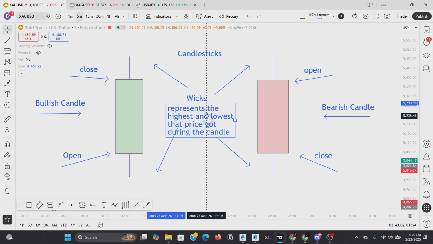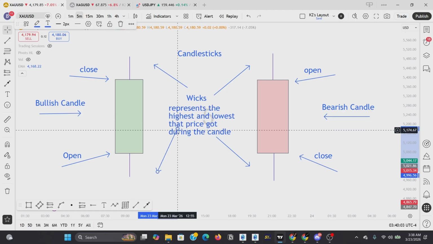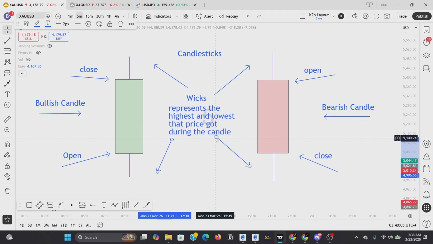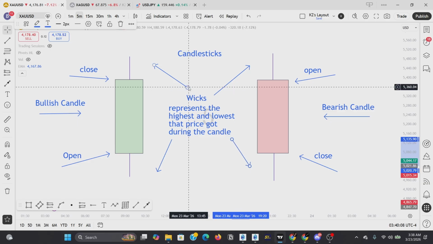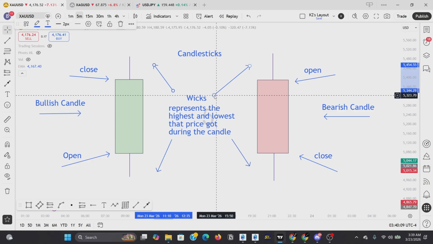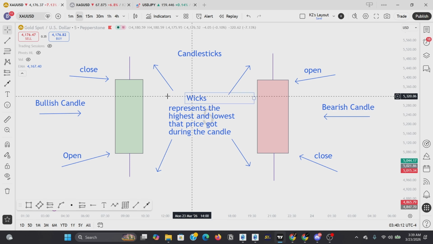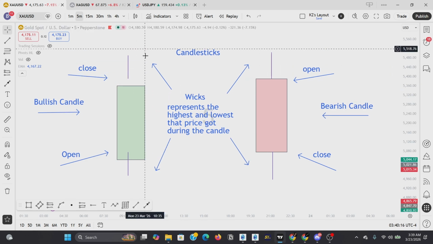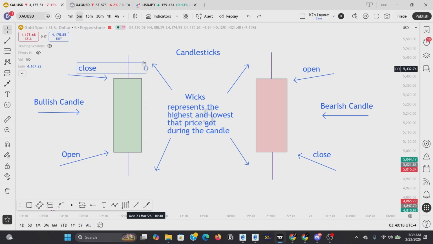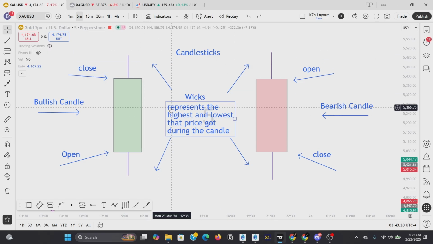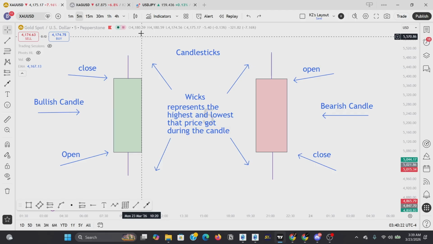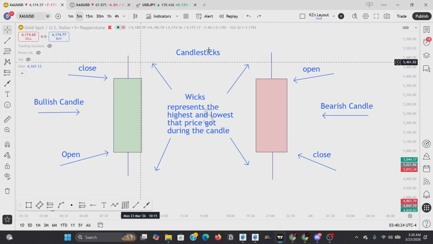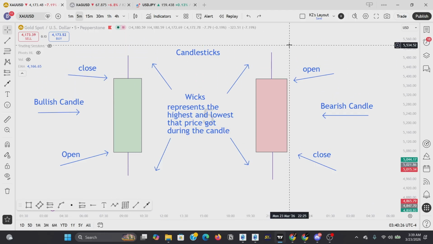Now, let me also reiterate. I'm not sure if I said it already. If I didn't, then I'm a bad teacher. But I did say it, in my other video that I forgot to record. Okay. Let me also say this. One candle represents a specific time, right?